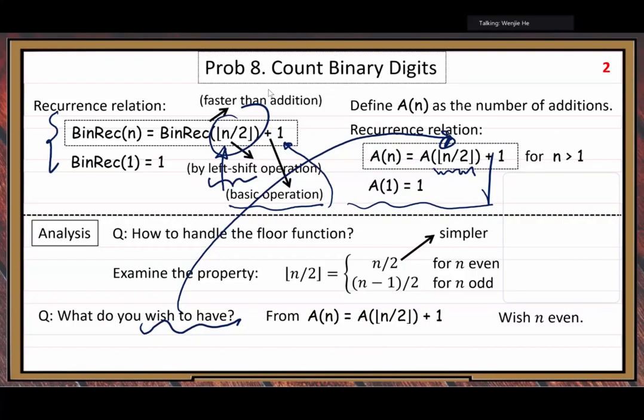But the second time, because we need to do recursion many, many times, the left-hand side floor function gives us no rounding. But on the right-hand side, with the n/2 floor function, there is a possible rounding.